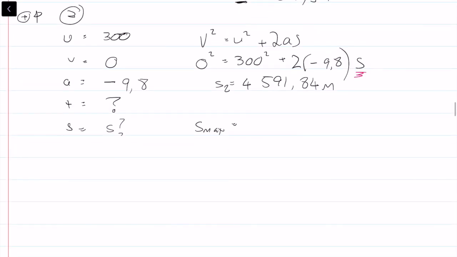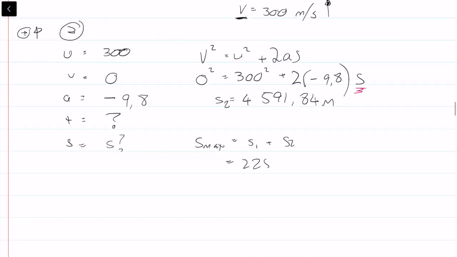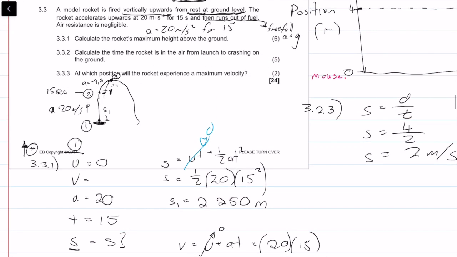So S max is equal to S1 plus S2, which is 2,250 plus 4,591,84, so S max is equal to 6,841,84 meters. That would be our maximum height, and we get ourselves 6 marks for that question.